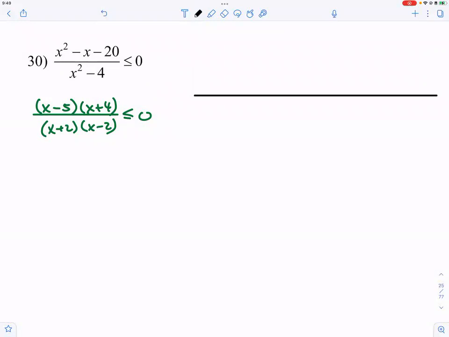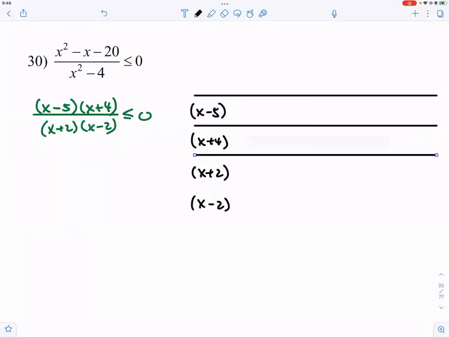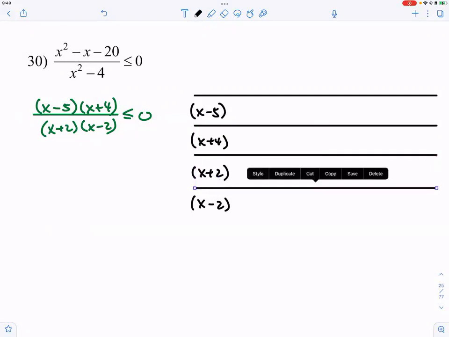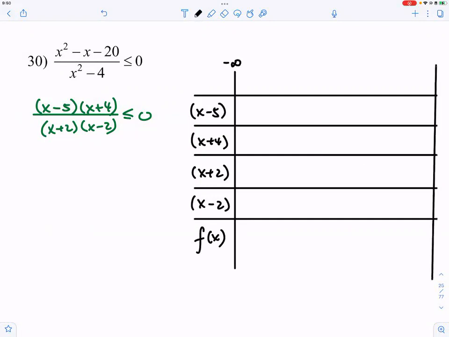Now, we will write down all the factors on the left, and then we have the overall function. This is the beginning part. So make this negative infinity, and then make the other end positive infinity.